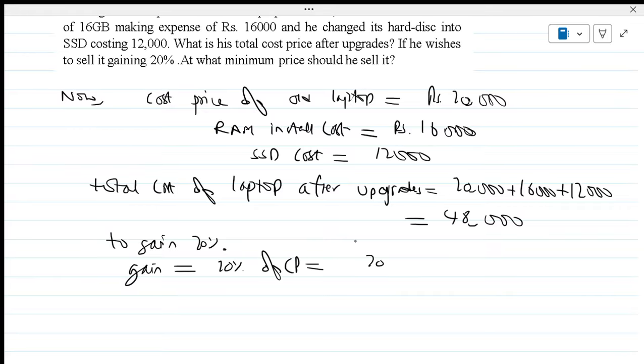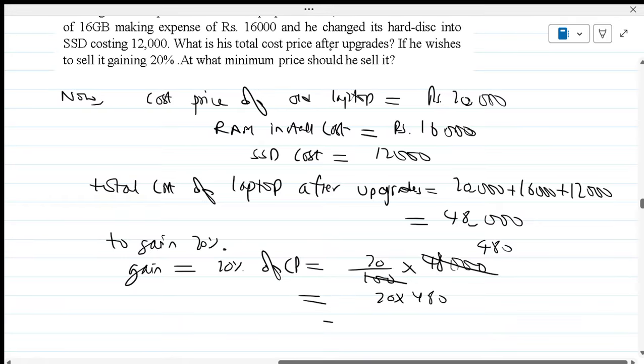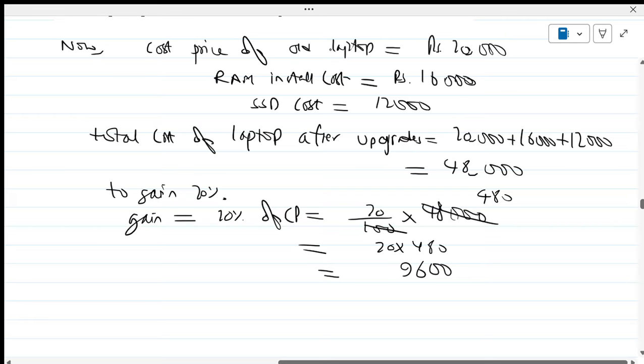So 20 divided by 100 into cost price 48,000. Let's cut it by 100, so we get 480. So 20 into 480, I'm not cancelling. So 20 into 480 is 9600 rupees, the gain amount.